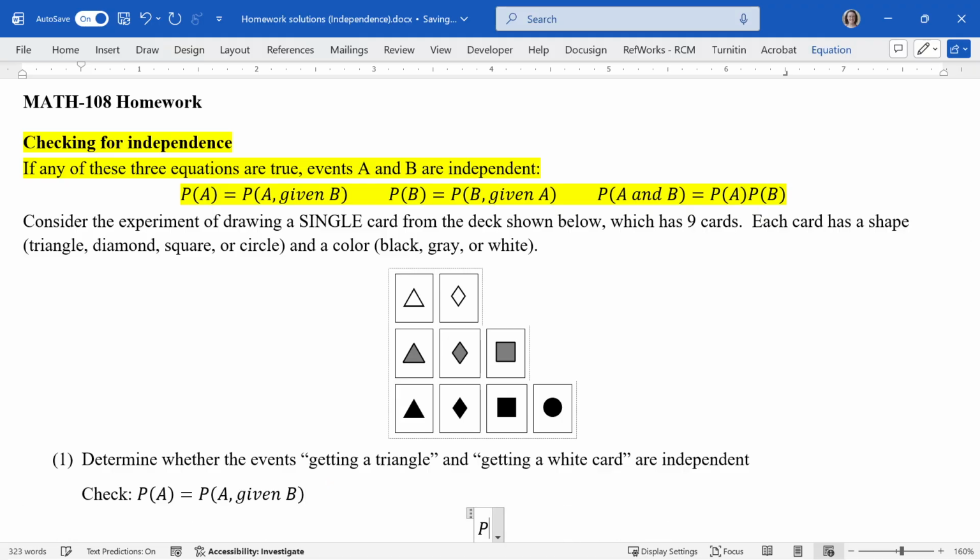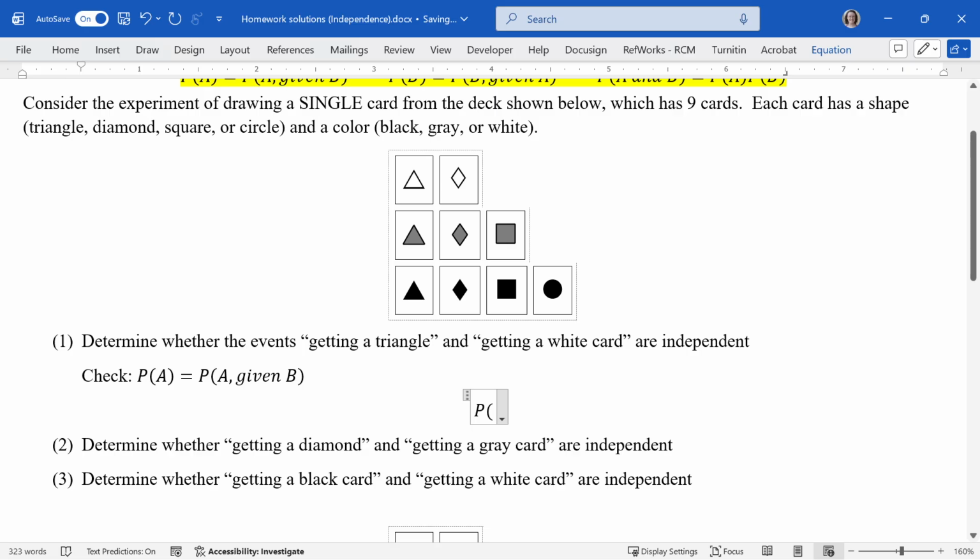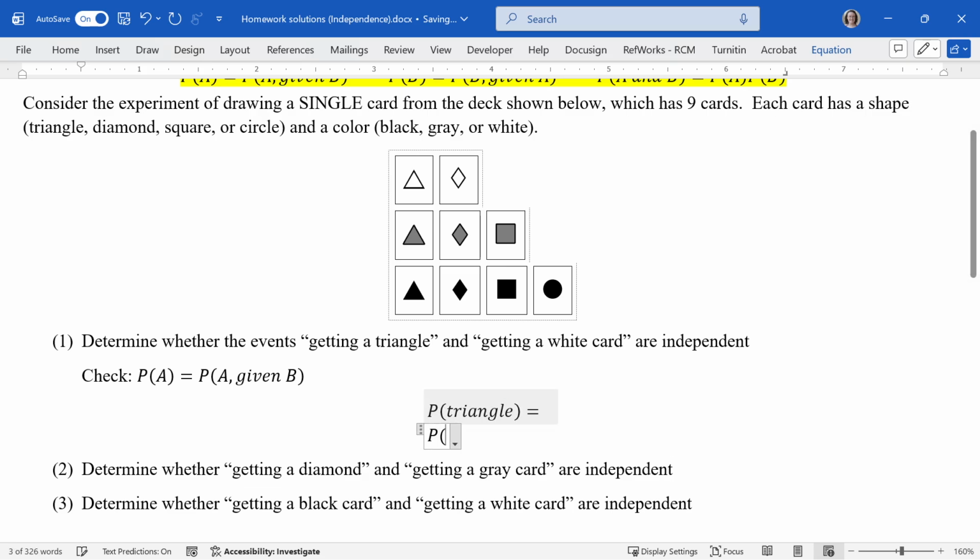So first I need to decide what's A and what's B. I'm going to check whether the probability of getting a triangle, so that's going to be my A, is the same as the probability of getting a triangle given that I have a white card. And I'm going to do this in one card. So when I talk about getting a triangle and a white card, I mean in the same card.